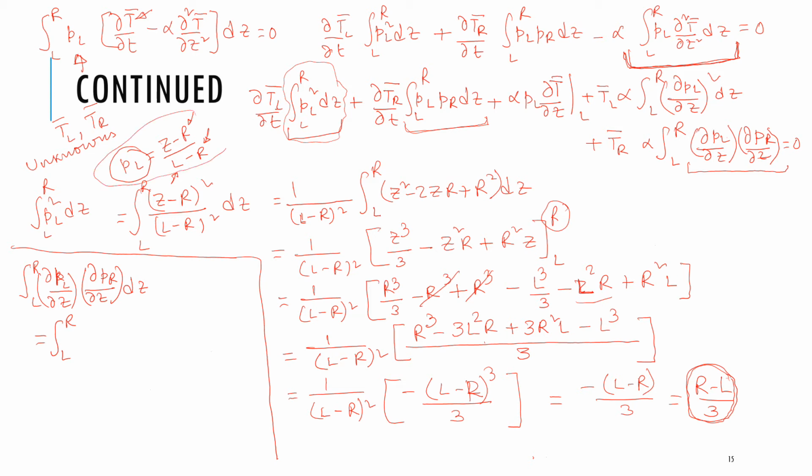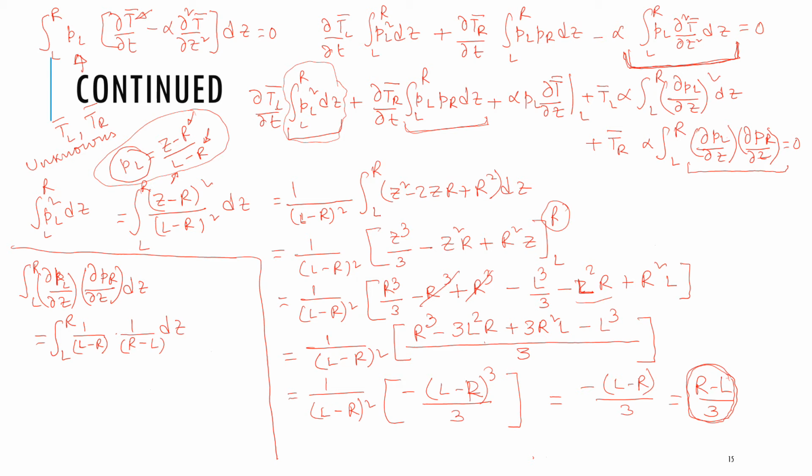If you look at this expression, del PL del Z is just 1 over L minus R. Similarly del PR del Z, if you plug in for PR, is 1 over R minus L, dZ.